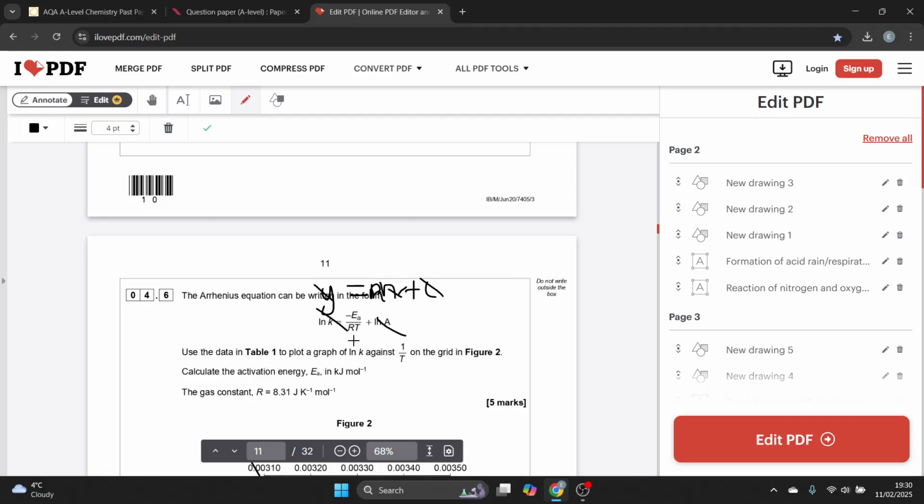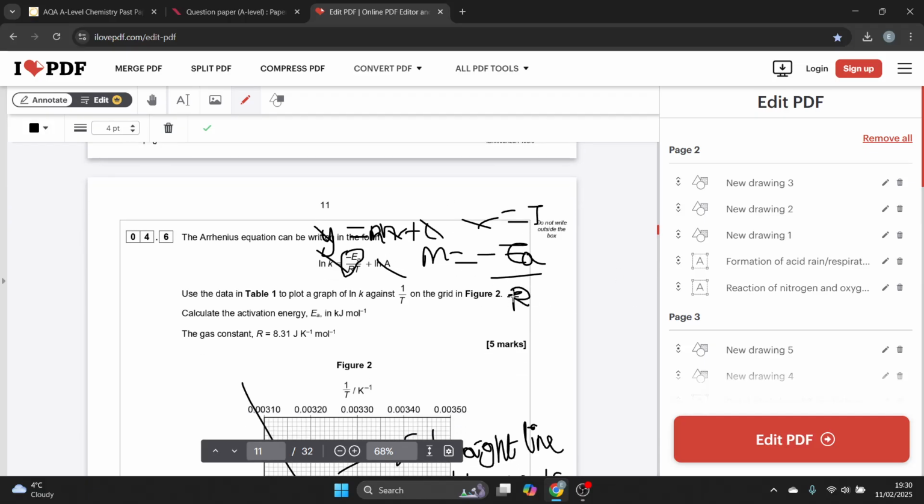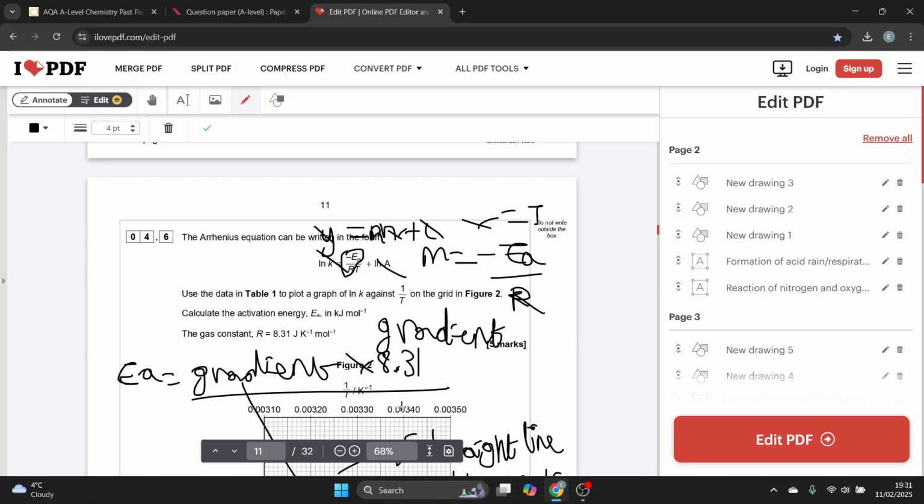mx is minus Ea over RT. So what's m? Well, m is going to be minus Ea over R. So the gradient equals minus Ea over R, and x equals 1 over T. I don't care about x. I care about the gradient and the activation energy. If I find the gradient, that will give me minus Ea over R. Therefore, Ea equals the gradient times 8.31, which is R, divided by minus 1, because minus Ea equals m times R. I want Ea.